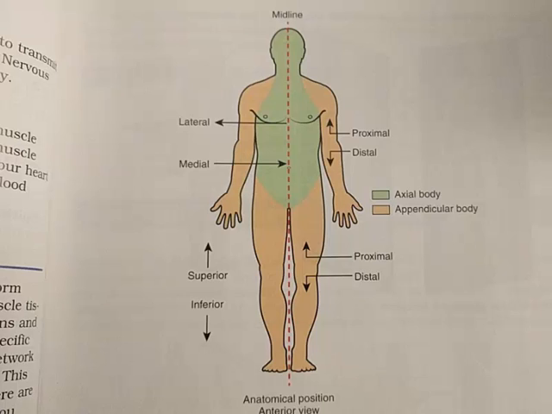Extensibility, the ability to stretch or lengthen when a force is applied. 4. Elasticity, the ability to return to its normal resting length when the shortening stimulus or stretching force is removed. So those 4 characteristics: irritability, contractility, extensibility, and elasticity.